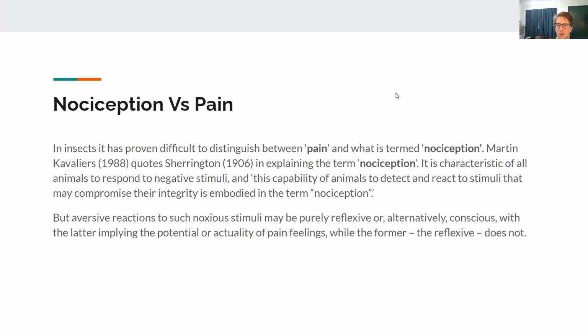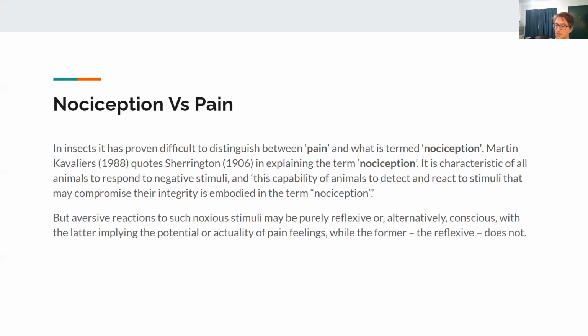And we need to distinguish between nociception and pain. Pain is the subjective experience of being concerned about a certain threatening or potentially threatening stimulus and caring a whole lot about it in a negatively affective way. Now, bacteria can respond to noxious stimulus with nociception.